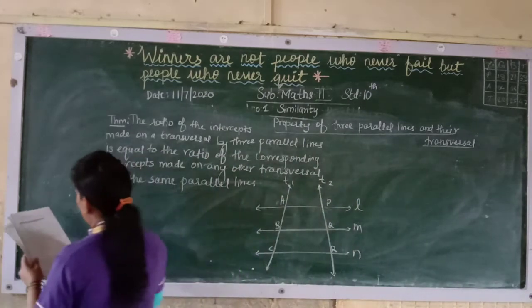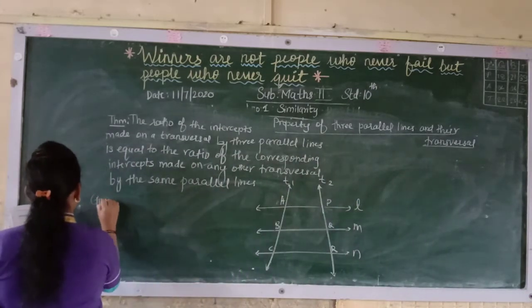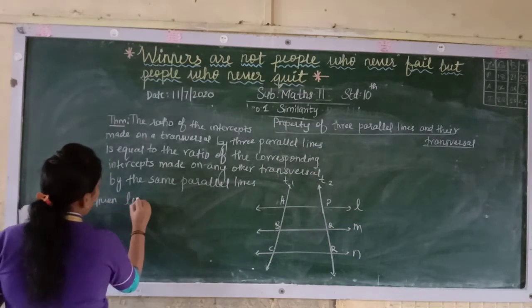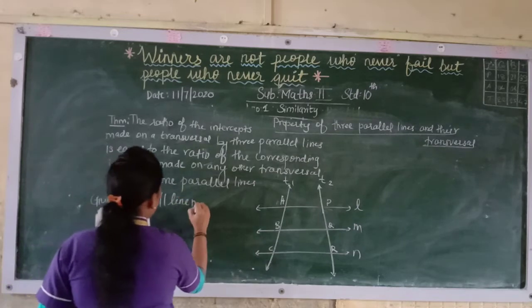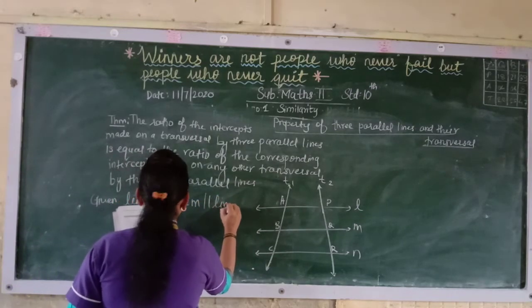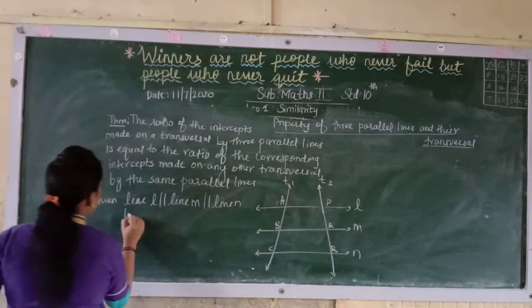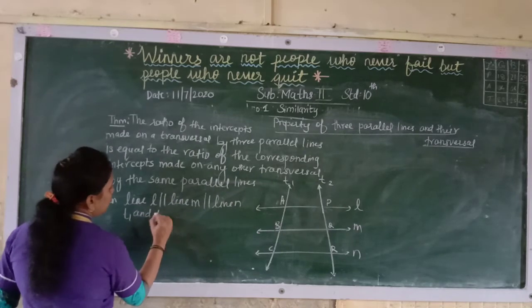So first write down the given. Line L is parallel to line M, which is parallel to line N. Then T1 and T2 are the transversals.